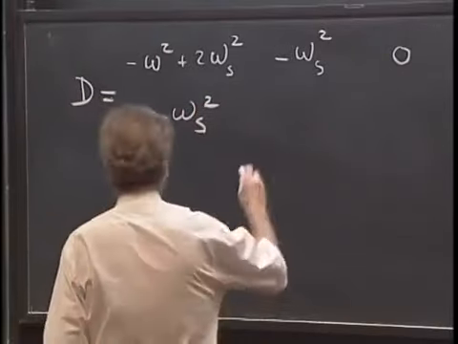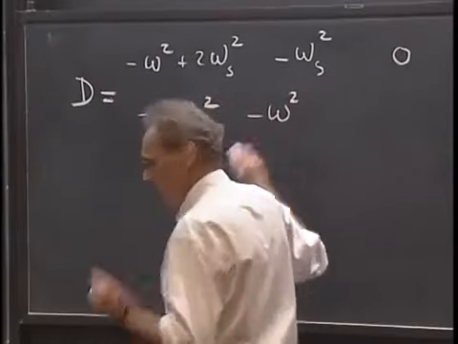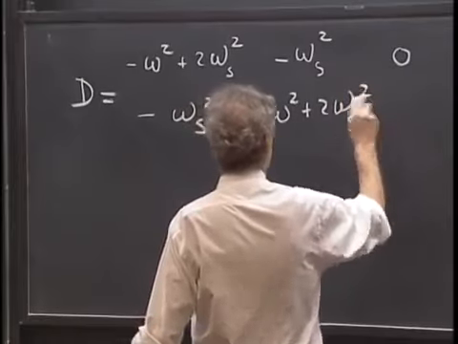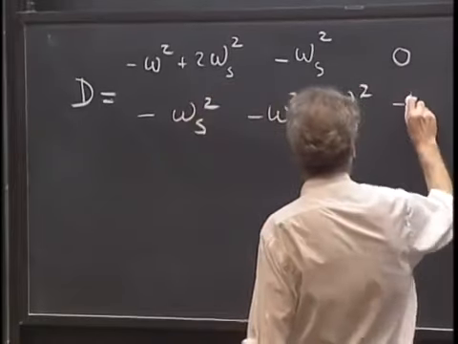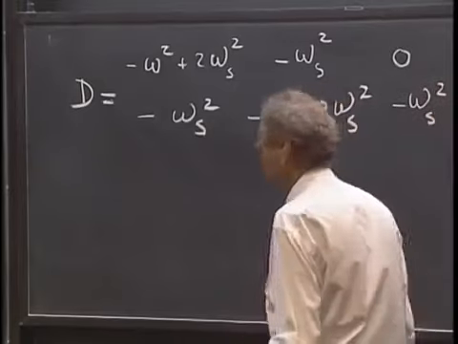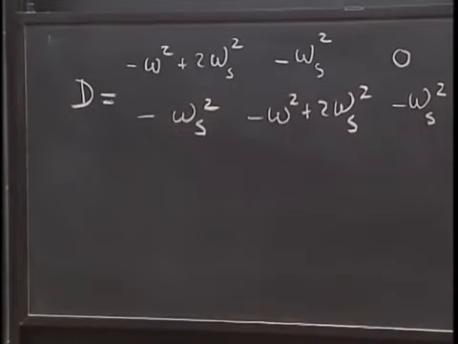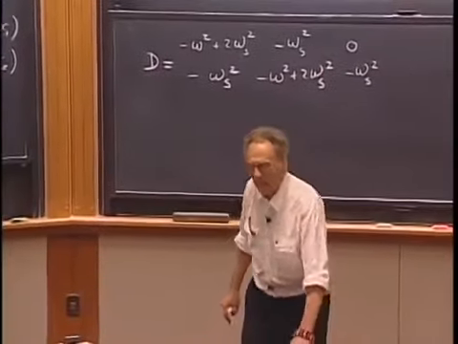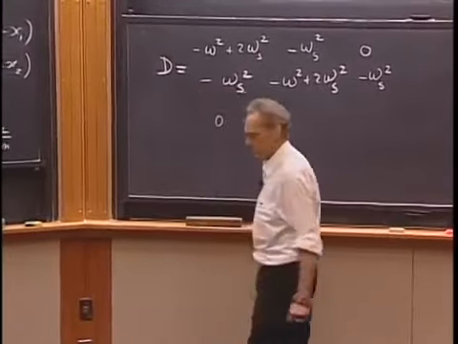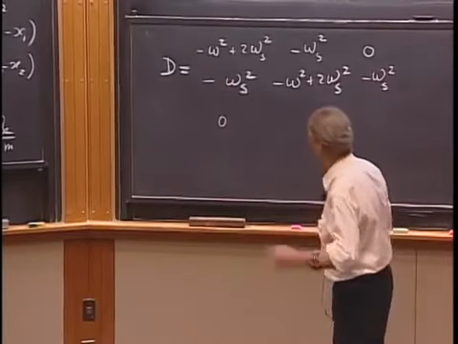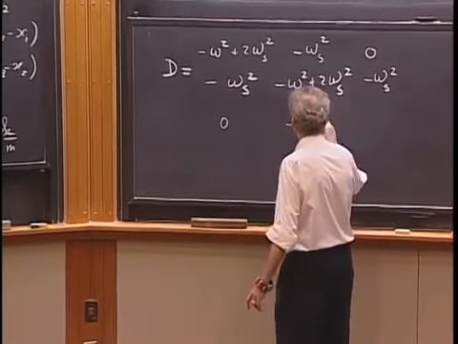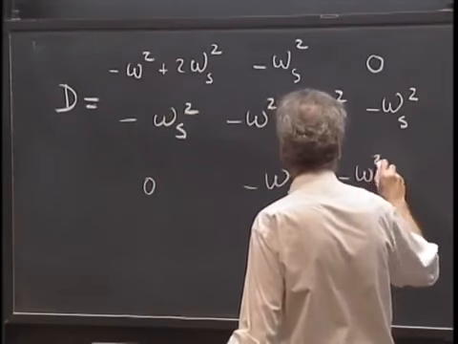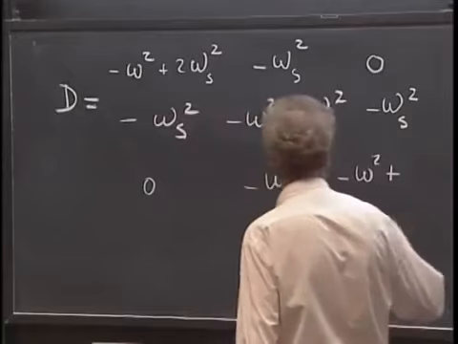And then you get here minus omega squared. I think it is plus 2 omega s squared. And your last column is going to be minus omega s squared. Now the third differential equation, there is no x1. Therefore, that is a 0 here. And then you get minus omega s squared. And then here you get minus omega squared plus 2 omega s squared.